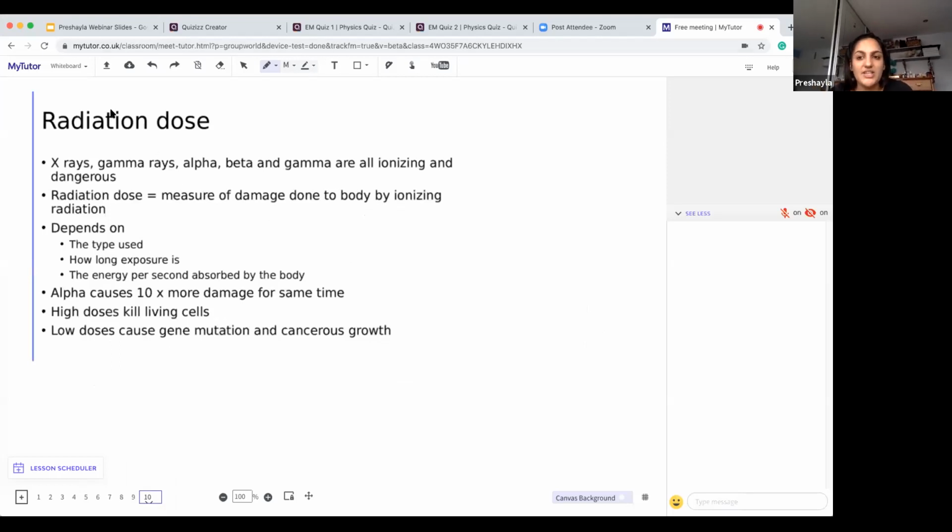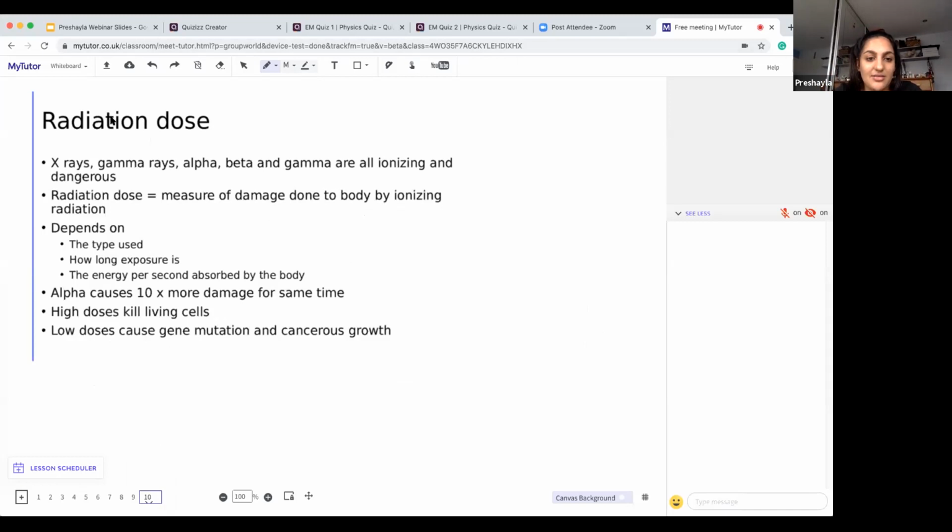Okay, so radiation dose. Why is radiation dose so important? Well, throughout talking about UV, X-rays and gamma, I've always said that yes, they can be dangerous, but it does always depend on the radiation dose. How much of it are you getting?